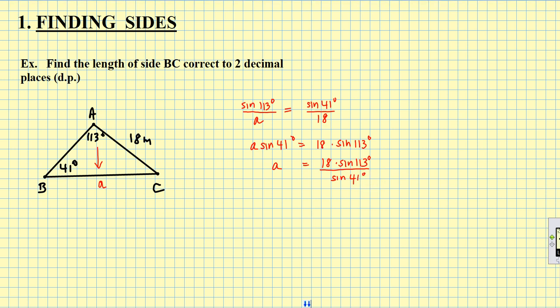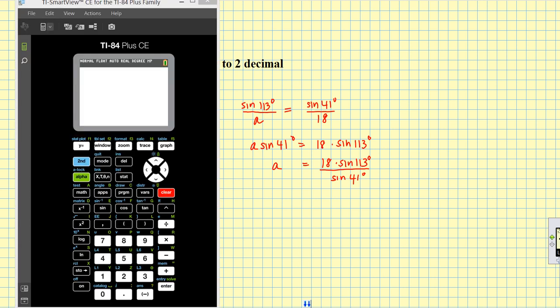And so I would take out my calculator, and in using the calculator, I would simply say 18 times the sine of 113, close the brackets, divided by bracket the sine of 41, close the bracket. That wasn't necessary, that I put that second bracket around the sine 41, but I did place it.